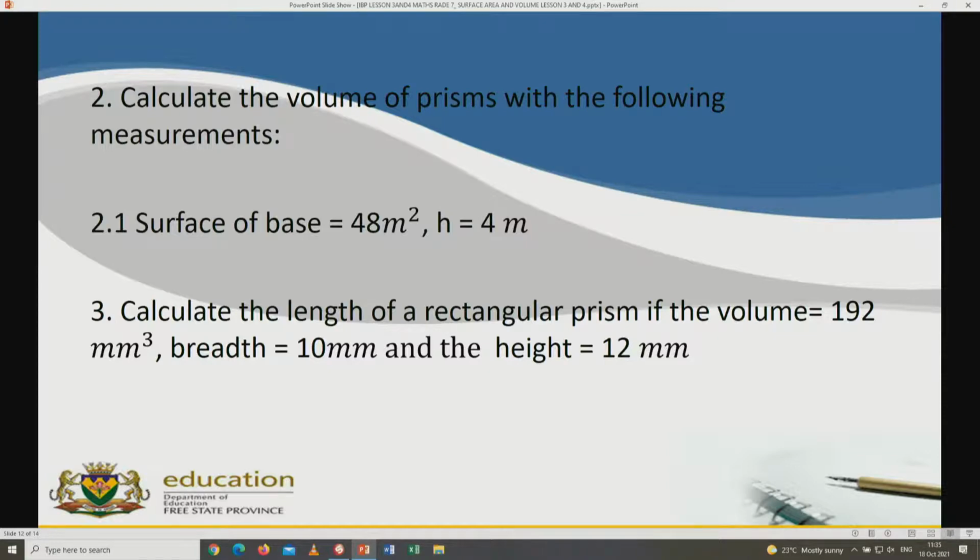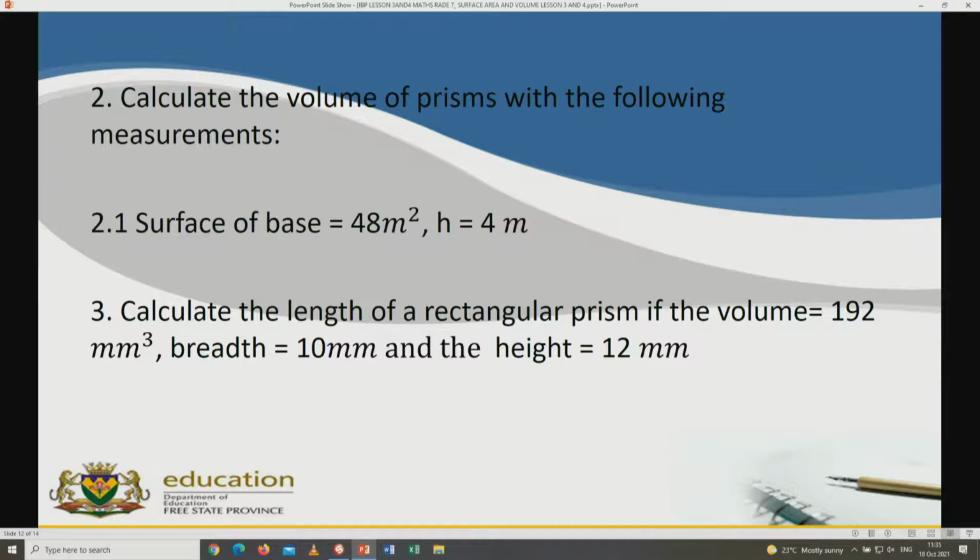We need to come up with the volume of a prism, of which the surface of a base is already given. And remember, what is the surface base of a rectangular prism? It is given by the length multiplied by the breadth. So it means two dimensions here already have been multiplied for us.